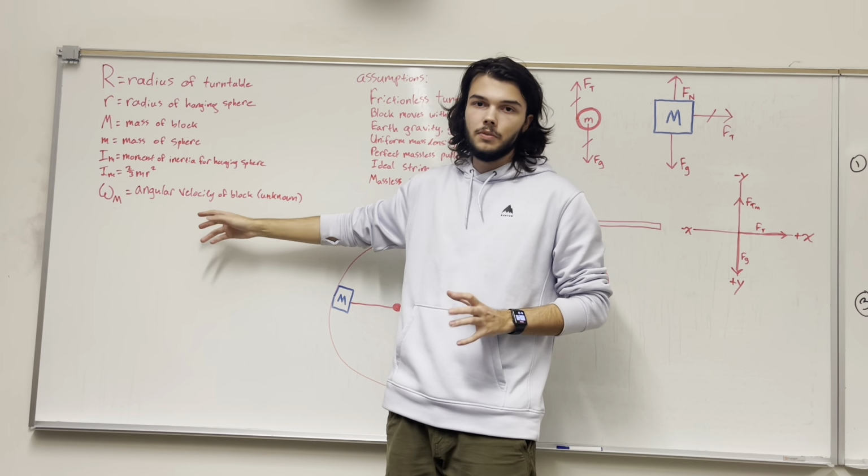Now, the tension force on the block and the hanging sphere are going to be the same, and those are all also going to be equal to the force of gravity on our sphere. Finally, we have our coordinate system. We've set it up where positive x is to the right, positive y is downward. This means that our force of gravity will be positive, and our tension force on the block will be positive.